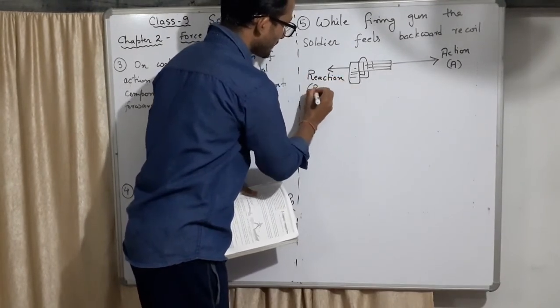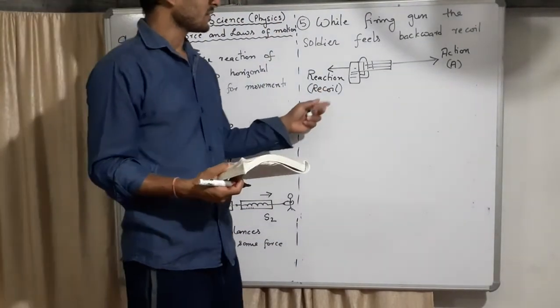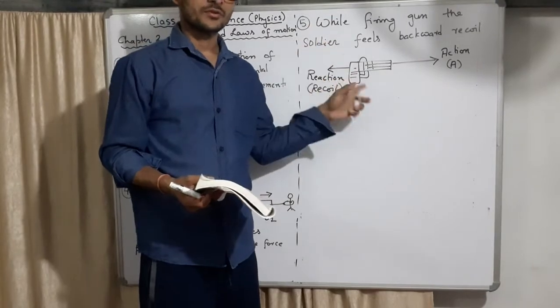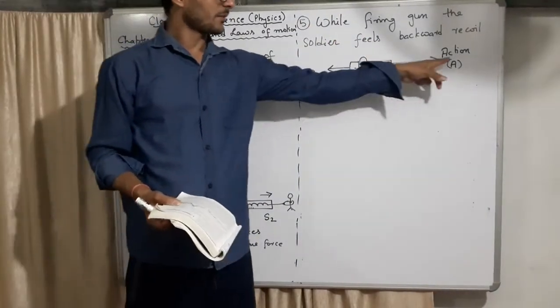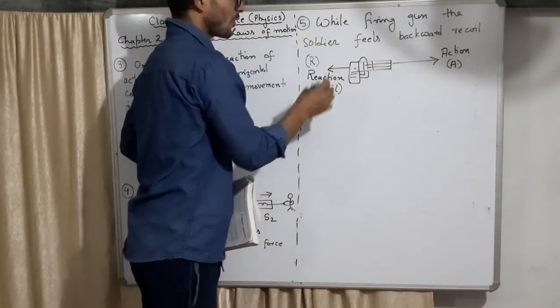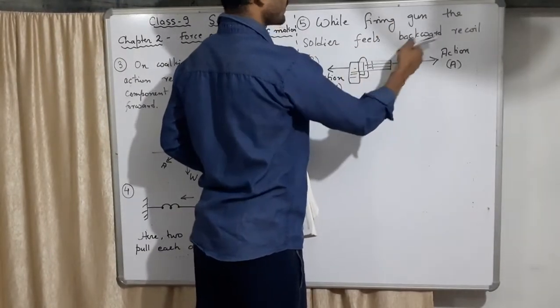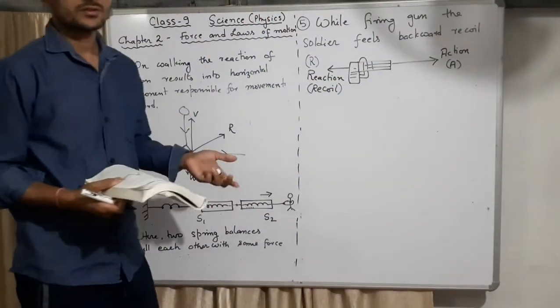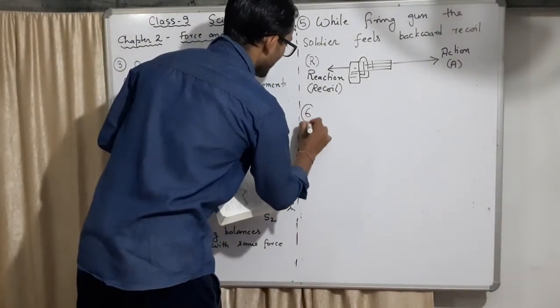In soldier language, pistol language, we call it recoil, but in physics language, this is action and this is reaction. In short, how do we write? While firing a gun, the soldier feels backward recoil. This is because of the third law of motion. That's all.